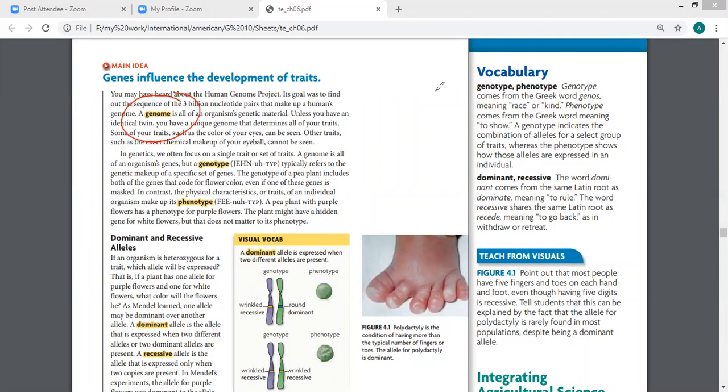Maybe you heard this name before, like the Human Genome Project. What is the meaning of a genome?